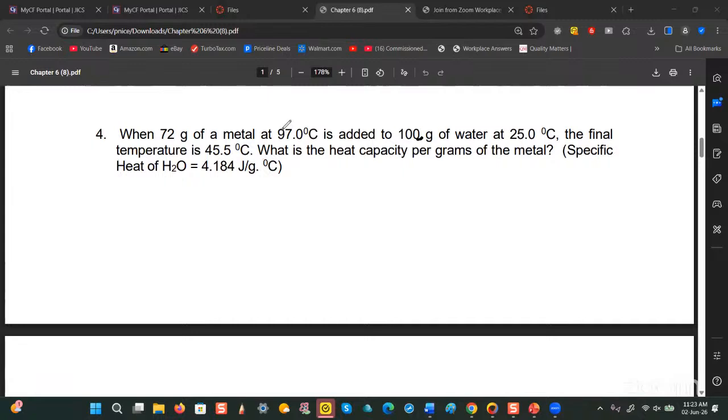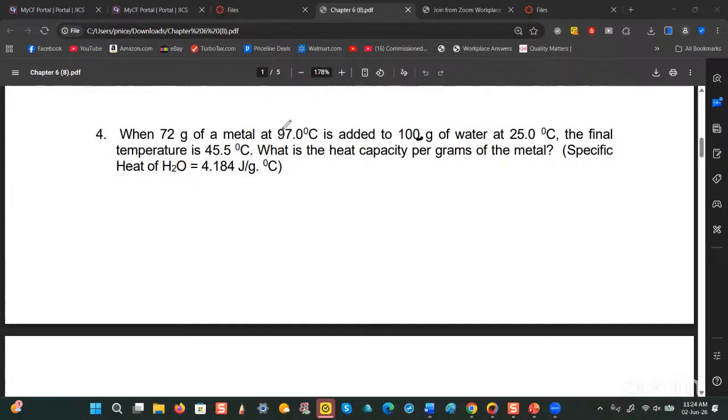Okay, so the question says when 72 grams of a metal at 97.0 degrees is added to 100 grams of water at 25.0 degrees, the final temperature is 45.5 degrees Celsius. What is the heat capacity per gram of the metal? The heat capacity per gram is basically the same thing as the specific heat of the metal, right? So we did one example which is very similar to what we have right here, right?